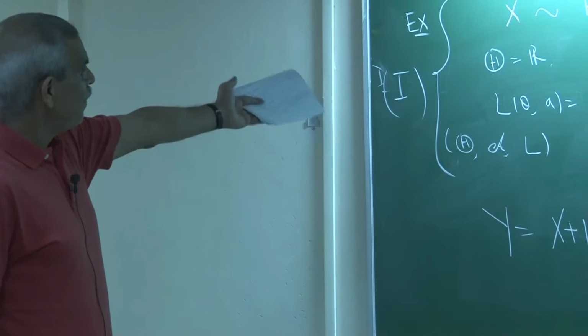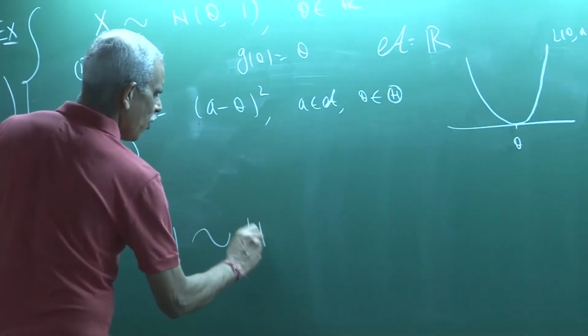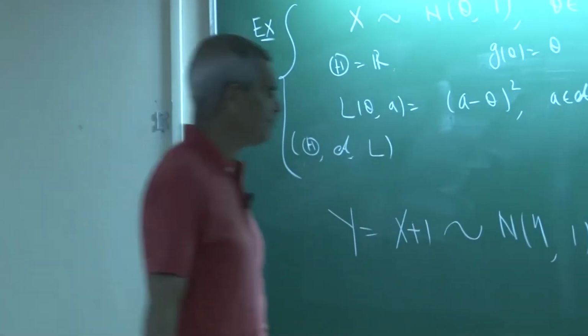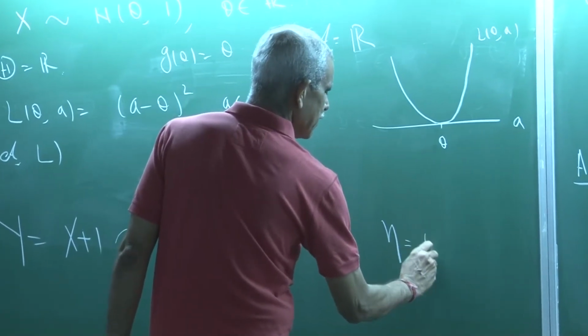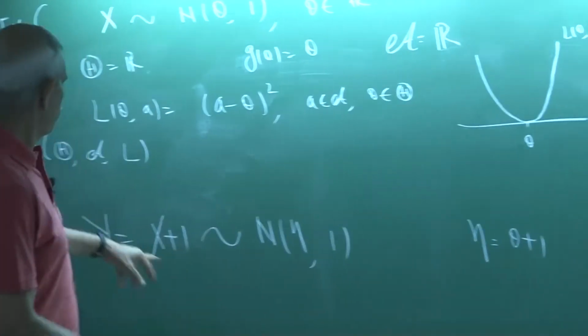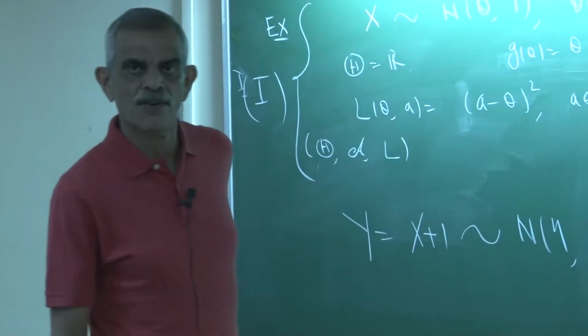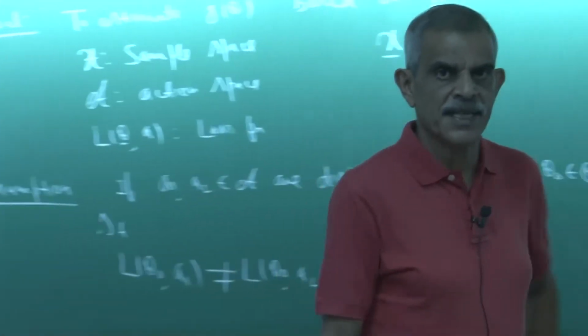Now note that if x is normal(theta, 1), then x plus 1 would have normal(eta, 1). What is eta? Eta is nothing but theta plus 1, because x has normal(theta, 1), so x plus 1 would have normal(theta plus 1, 1). So now my parameter becomes eta, which is nothing but theta plus 1.